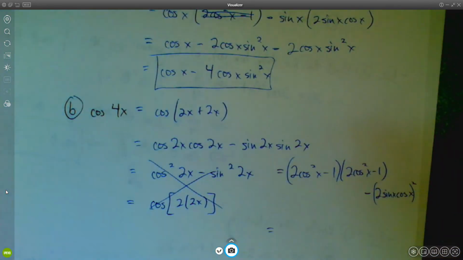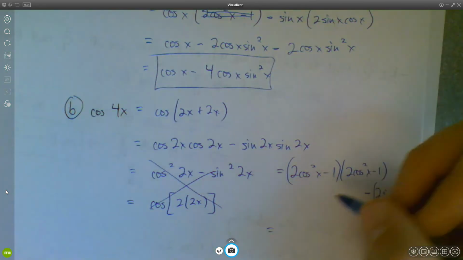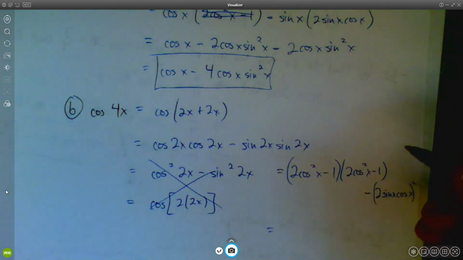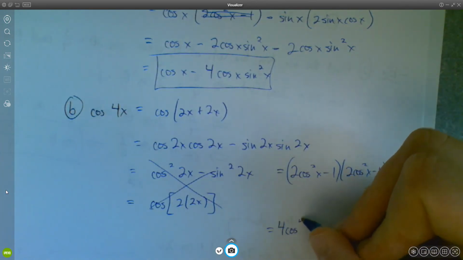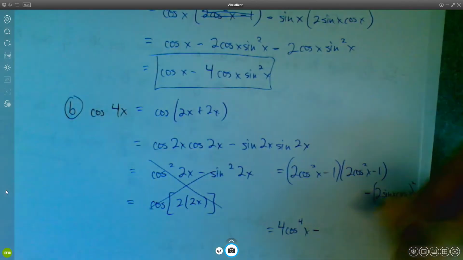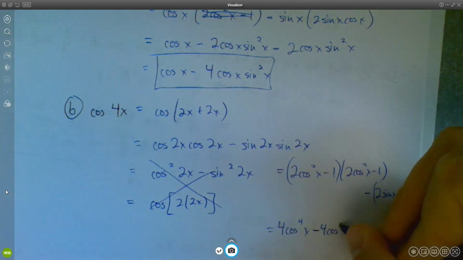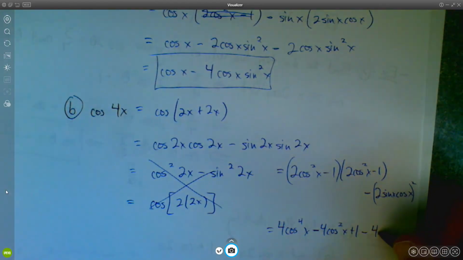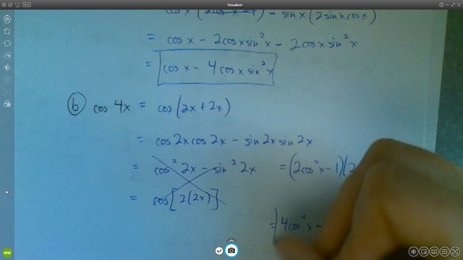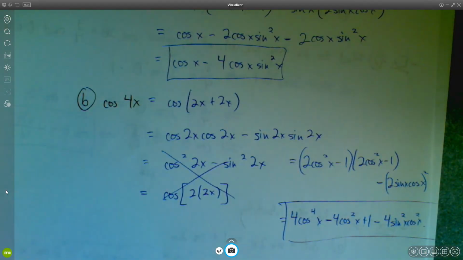Okay, there we go. So I suppose you could FOIL this out now. I don't know how far we want to really take this, but we could call this 4 cosine to the 4th x minus 4 cosine squared x plus 1, and then minus 4 sine squared x cosine squared x. Okay, that would be acceptable, because now we've rewritten all of the functions in terms of x alone.